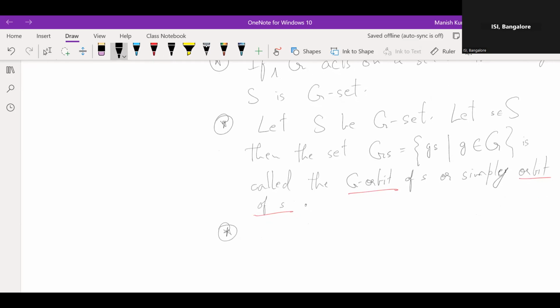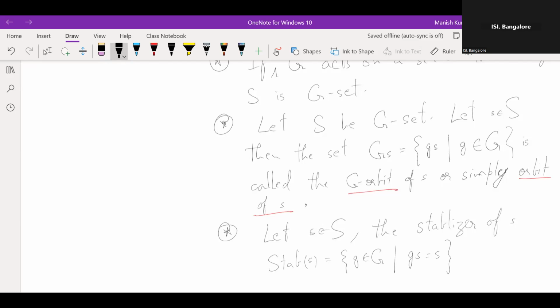So the stabilizer of S. Maybe the right way to write it is: let S be in S, the stabilizer of S, denoted by stab S, is the set of G in G such that GS equals S.